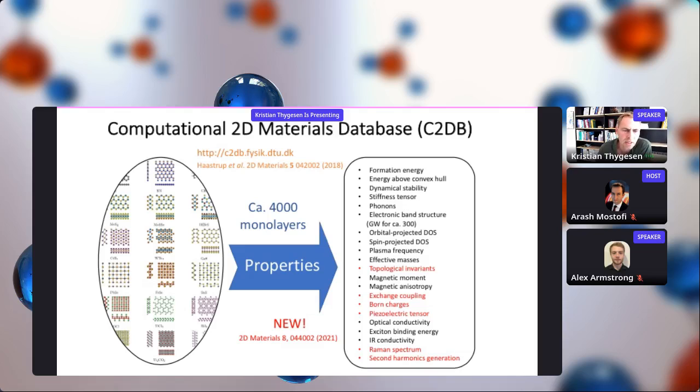If you're interested, you can take a look at this paper here and this paper down here, where we describe the creation of this database and how you can get the database and what kind of properties you can find in there.